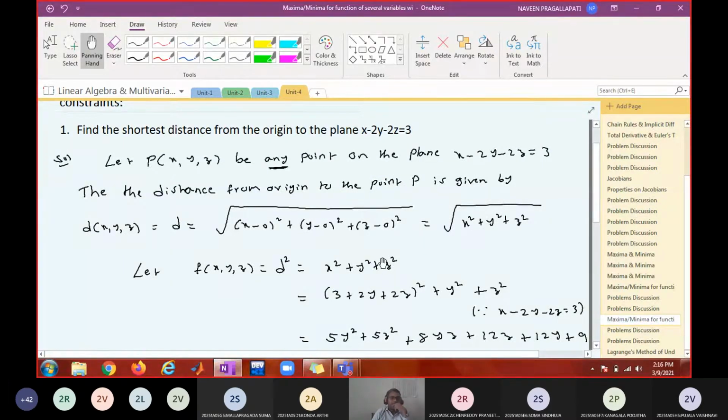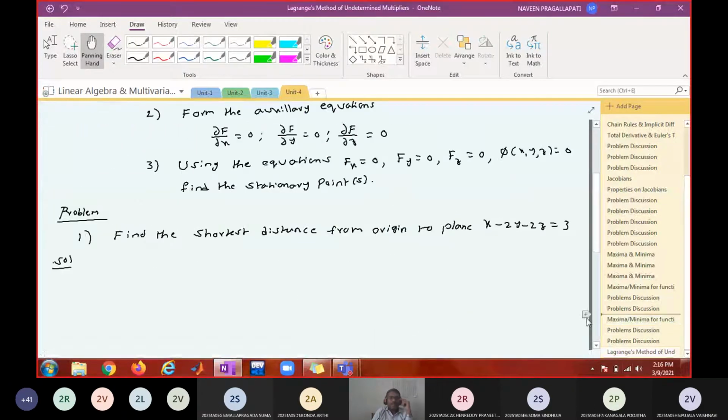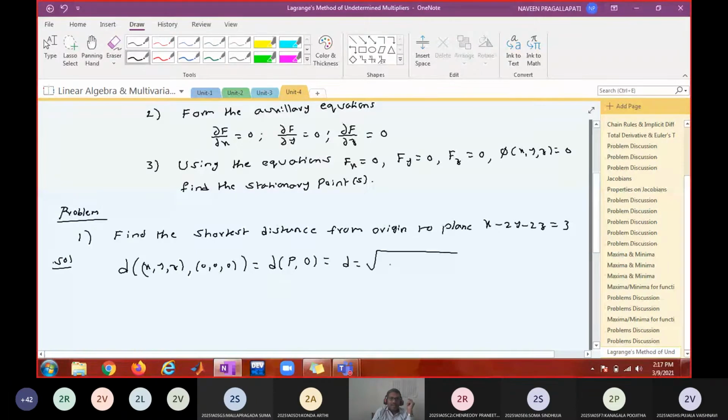Did you copy? Shall I proceed? Right. So we have d of P comma O, or d is equal to root of x square plus y square plus z square.